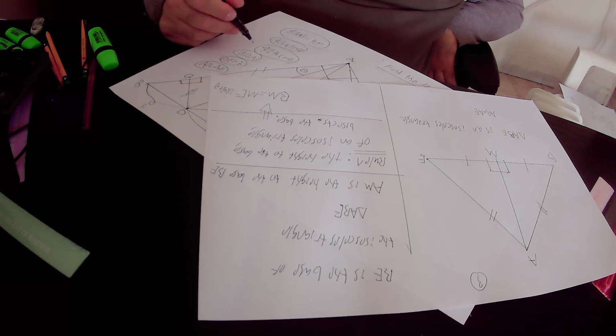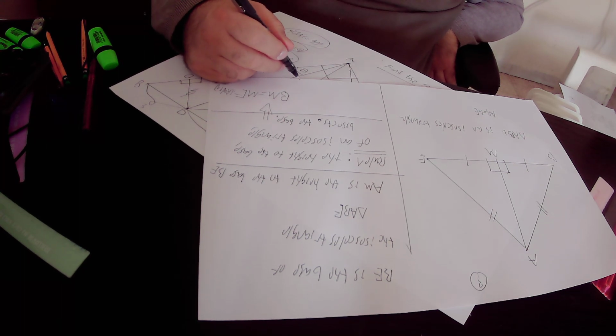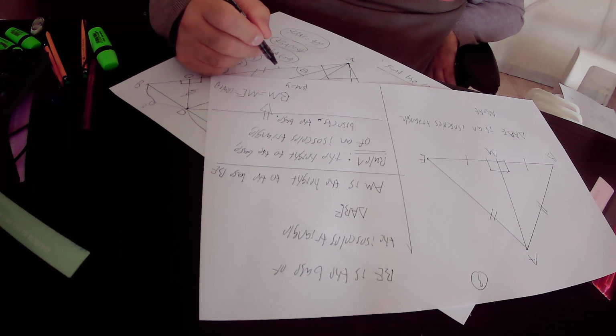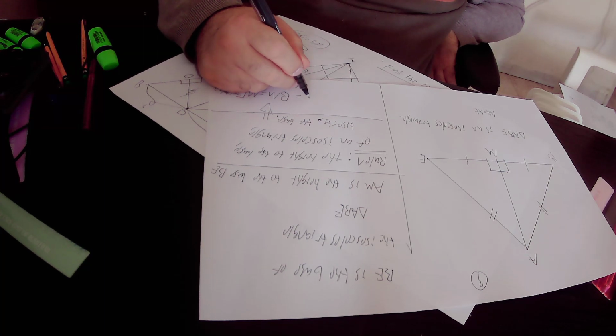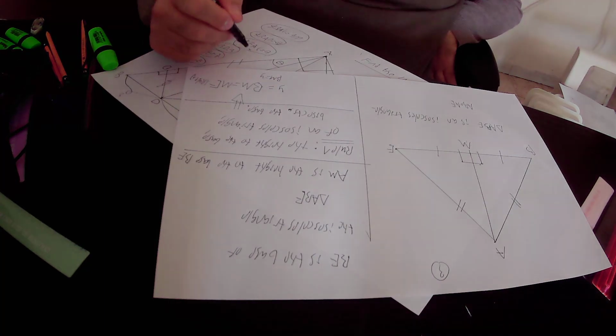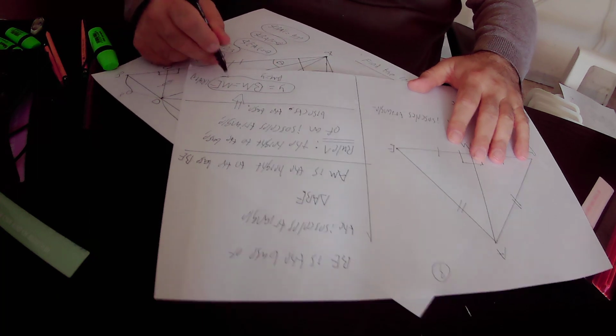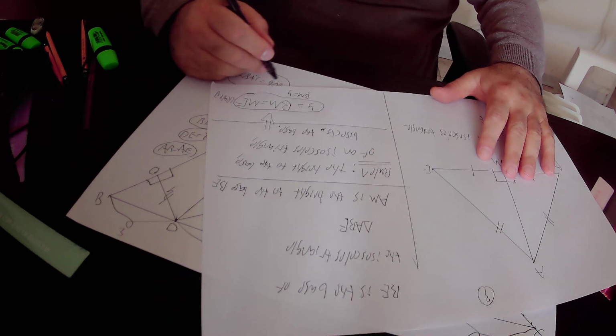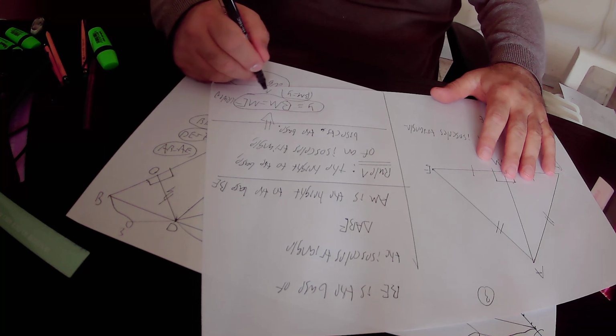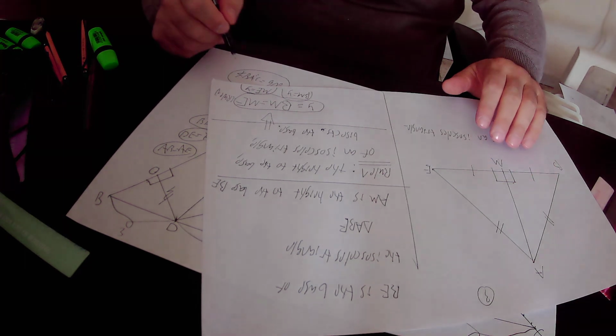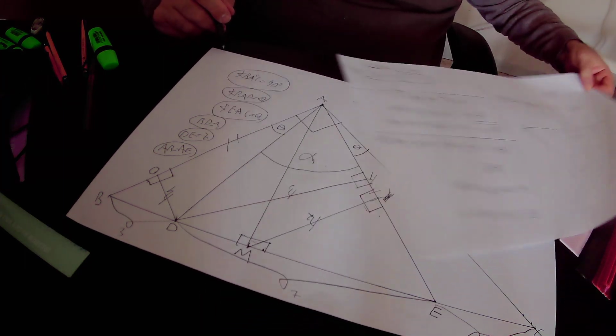So if we define BM as Y, BM equals Y, according to our definition. From the equation Y equals BM equals ME, we conclude that ME is also equal to Y. ME equals Y. I'll write it down.